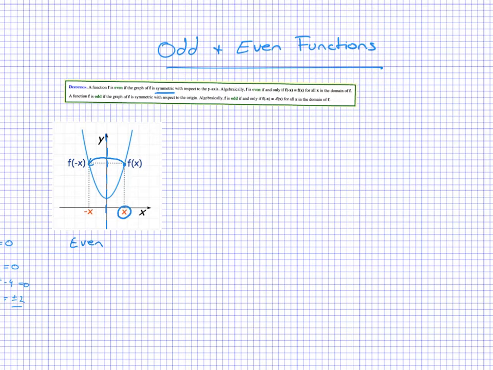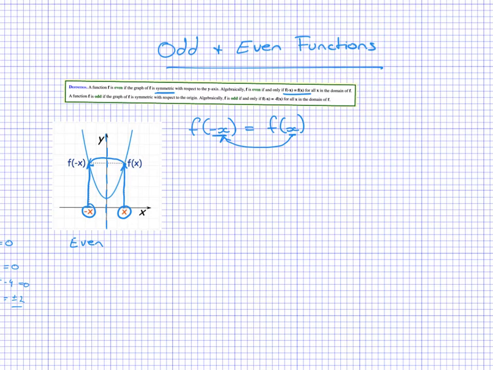This input yields the same y value as does the opposite of the same input. And that's why they use this terminology here: f of negative x is equal to f of x. So whatever this input is, it's the same as the opposite. The output for this input is the same as the output for the opposite of that input.